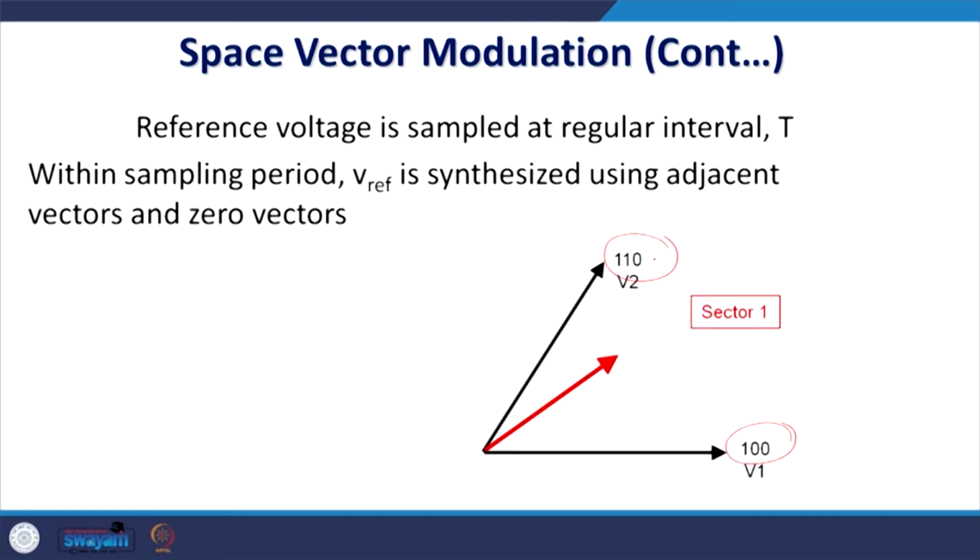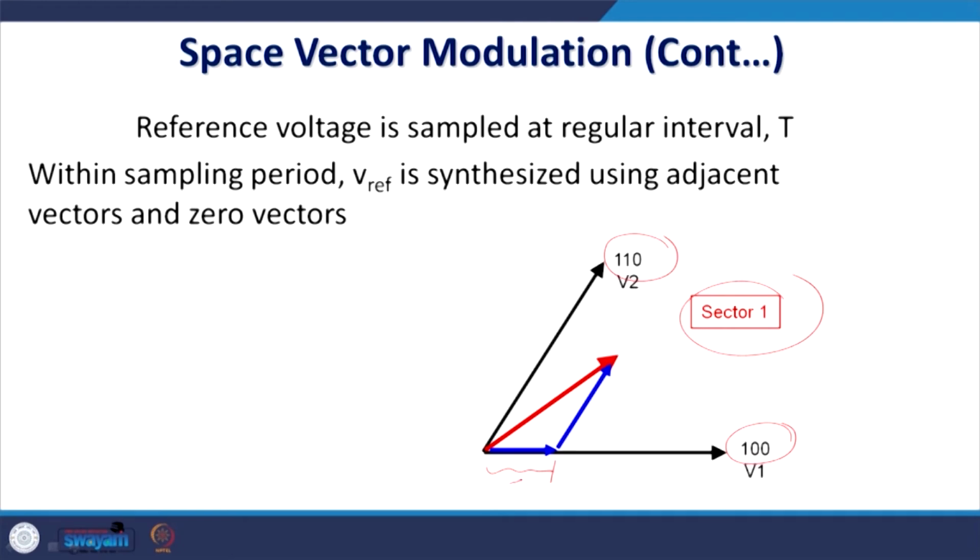Now, let us assume that this is the instantaneous voltage vector required to be generated and it is in sector 1. So, we can make it like this: if you apply the total voltage vector, that is 2/3 VDC, you will apply this much of this vector V1; ultimately you have to match the reference voltage curve.